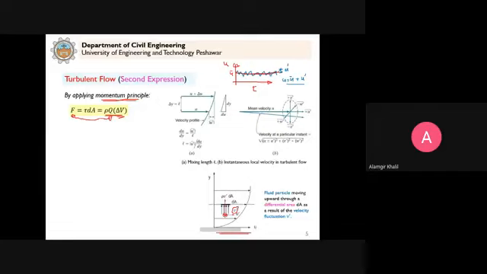Because of this fluctuating component, there will be an upward motion of this fluid particle. Clear? There will be an upward motion of this fluid particle.